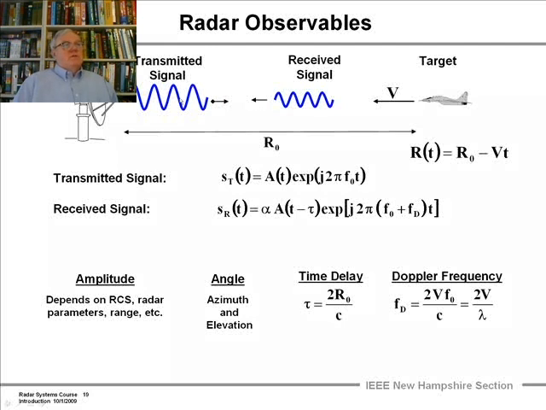The transmitted signal goes out, reflects off the target, which I'm going to assume is going at a constant velocity v, and that's the velocity in the direction of the radar. Note that. It's not going across at another angle. I'll get into that issue a little later. But for this particular example, it's going in a direction v towards the radar. Everything's along a line.